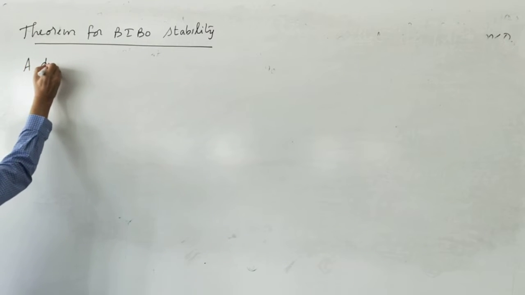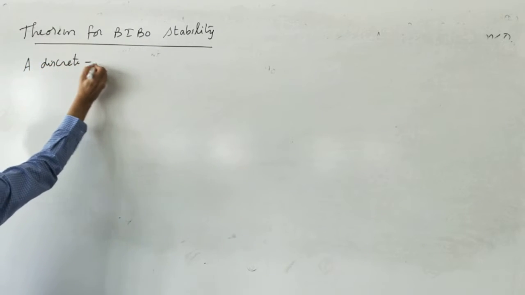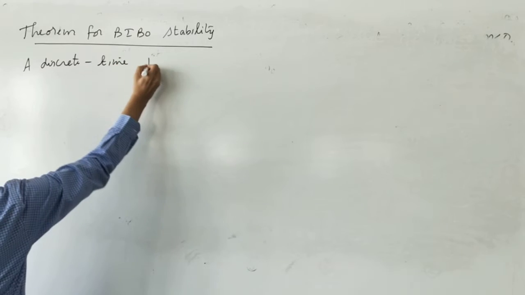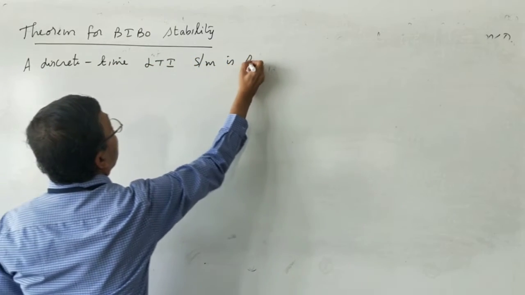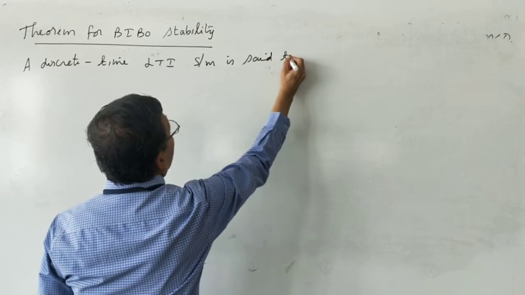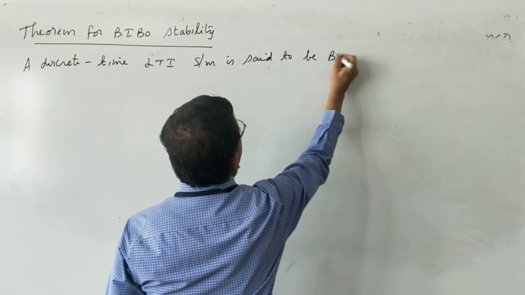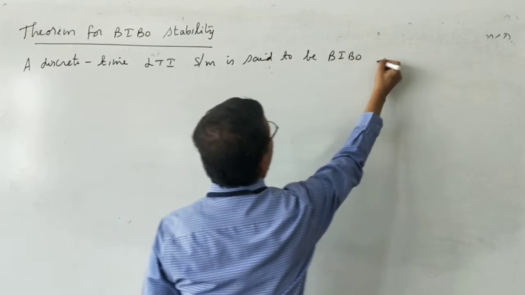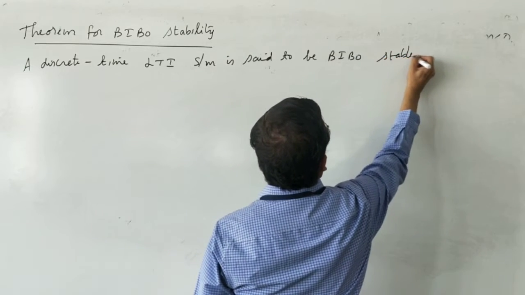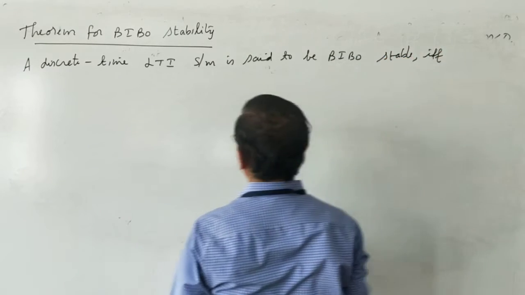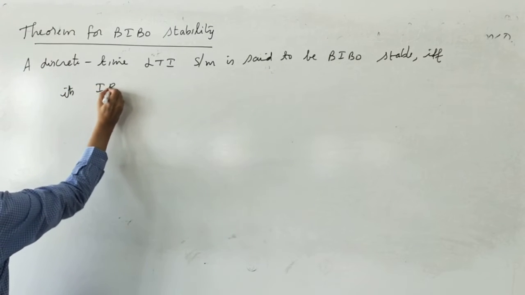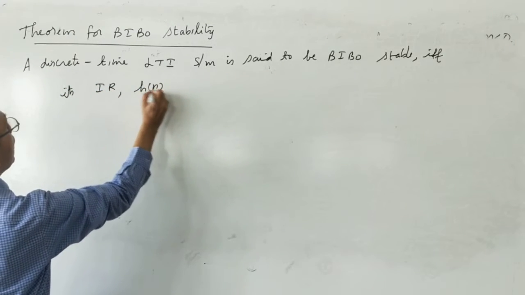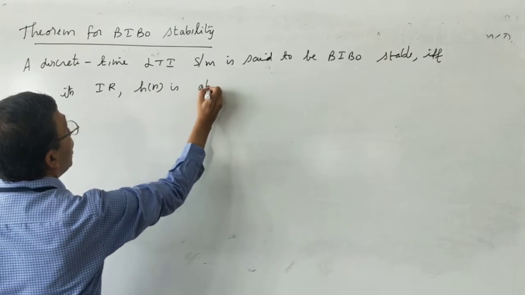A discrete time LTI system is said to be stable. Stable means BIBO stable. Is said to be BIBO stable if and only if its impulse response h of n is absolutely summable.